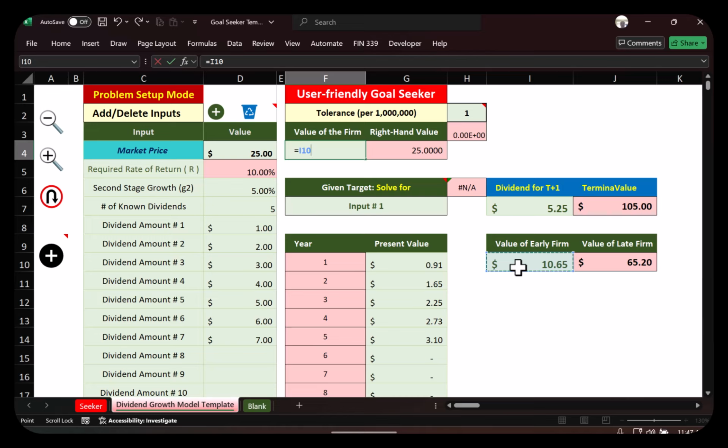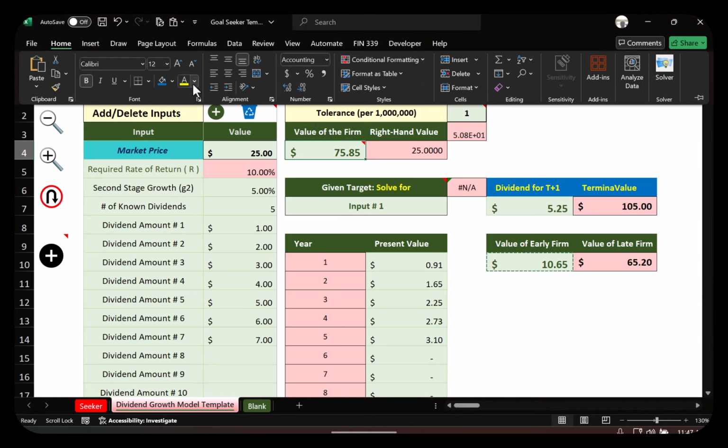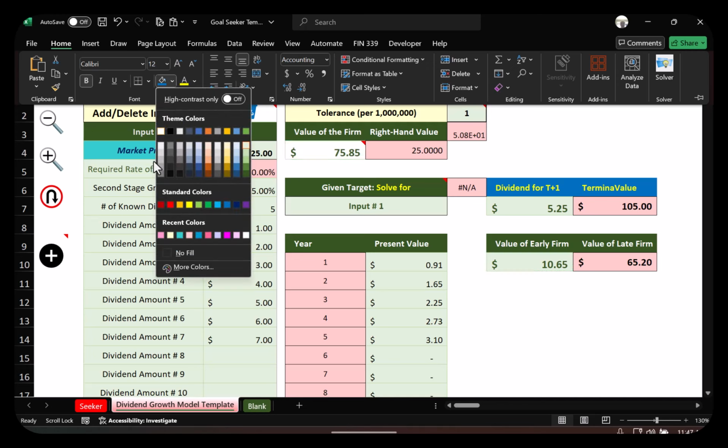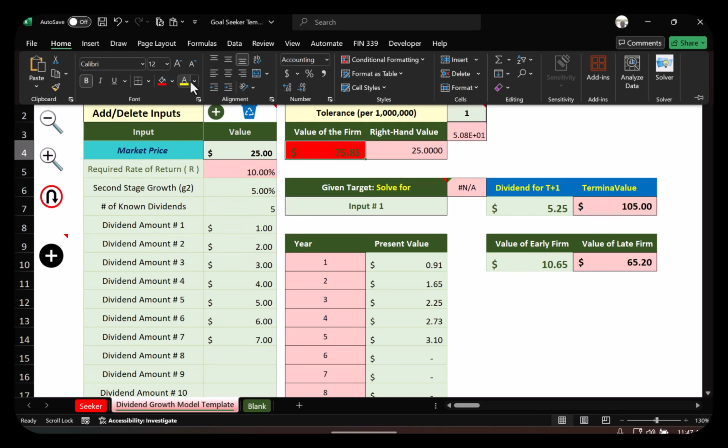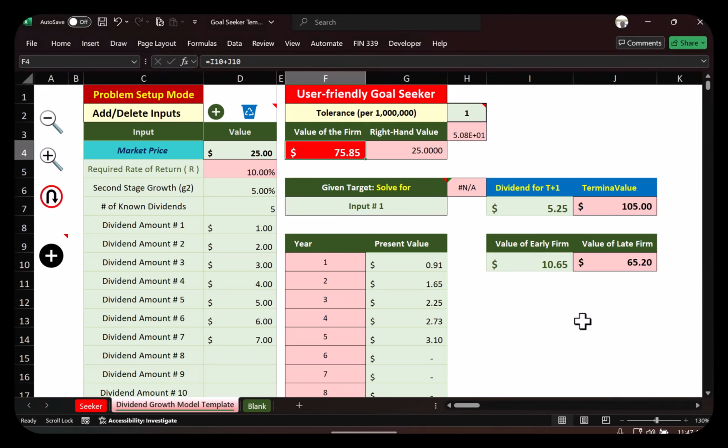Value of the early firm plus, let me copy and paste the format. I'm going to make this a little bit different because I want to make that red and a bit white. Don't worry about all that right-hand side value stuff.